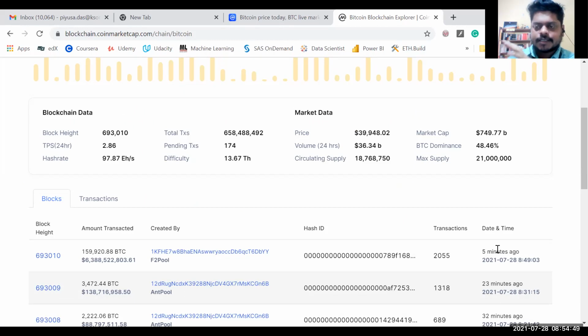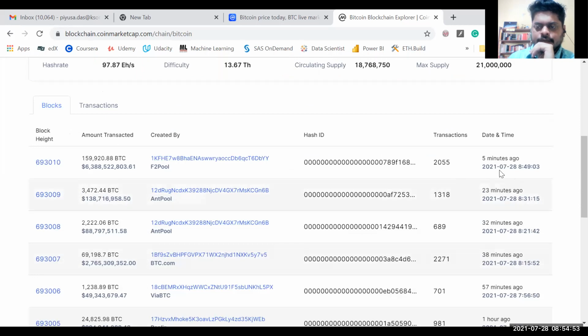Like I said, it is an average, not necessarily always 10 minutes. One block was created 5 minutes back, another block before that was created 23 minutes back. So to create this block, it took around 18 minutes. Overall the average is 10 minutes to create a block. Why that 10 minutes and how it is managed, we'll discuss later on.